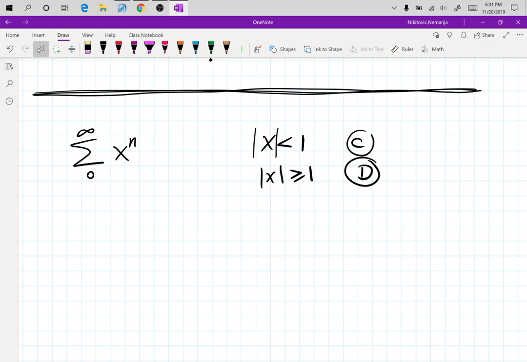So the physics says the cat is dead and alive at the same time, and then the wave function will collapse to one of the two possibilities once you open the box and look at it. So this problem is convergent and divergent at the same time until you make up your mind about what the value of x is.